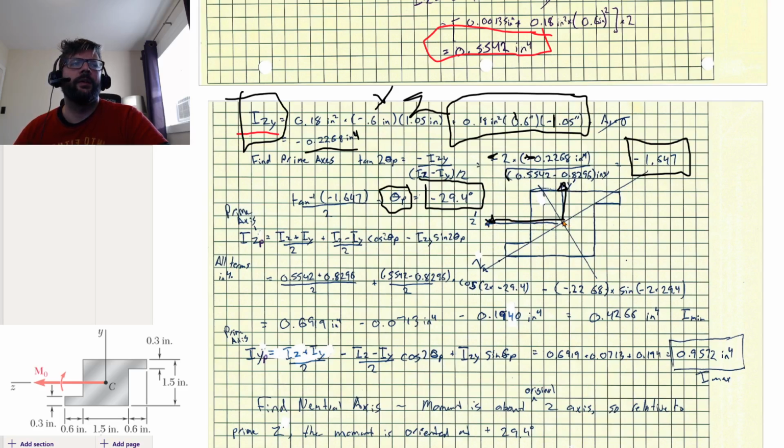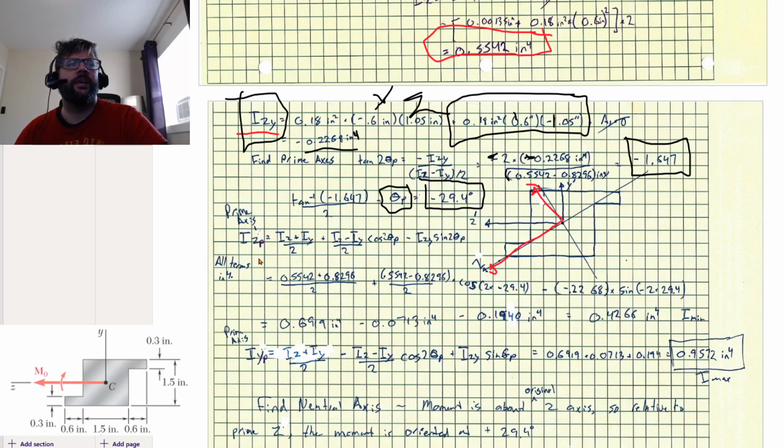We're rotating our z-axis downwards 29.4 degrees. So these are our prime axes. Right here is our new prime z-axis, and here's our new prime y-axis.